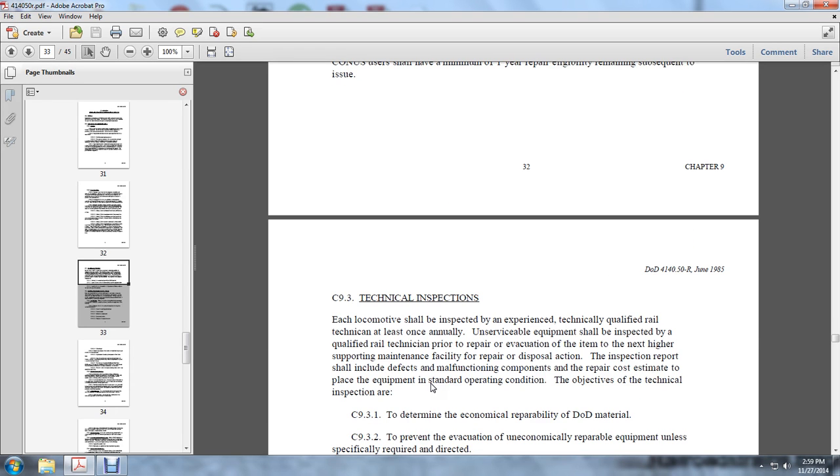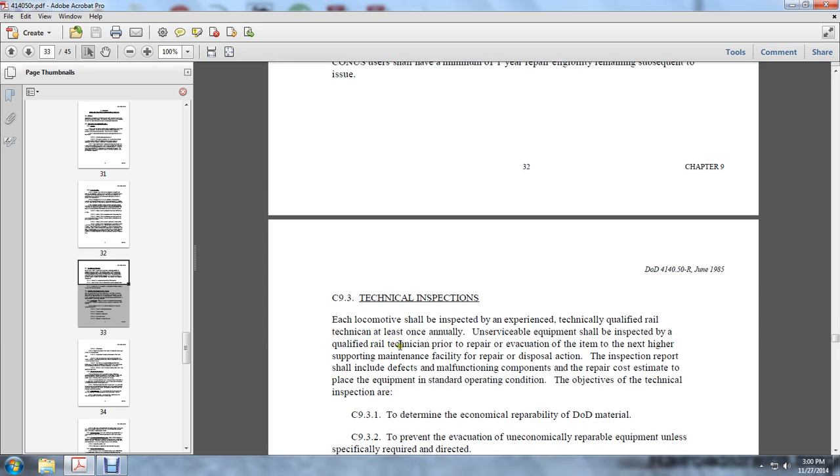Technical inspections. Each locomotive shall be inspected by an experienced, technically qualified rail technician at least once annually. Unserviceable equipment shall be inspected by qualified technicians prior to repair, evacuation of the item, or movement to the next higher support maintenance facility for repair or disposal. The inspection report shall include the defects, components, and repair cost items needed to place the equipment in standard operating condition.